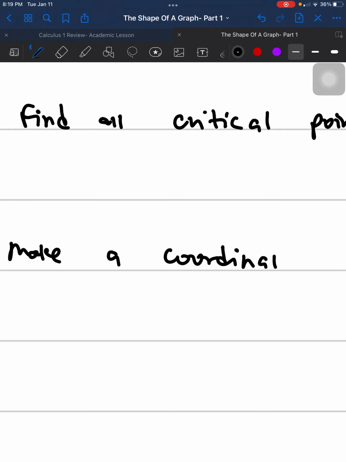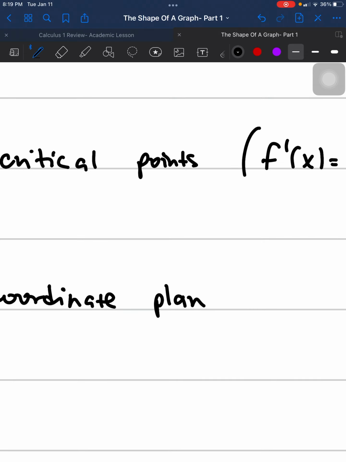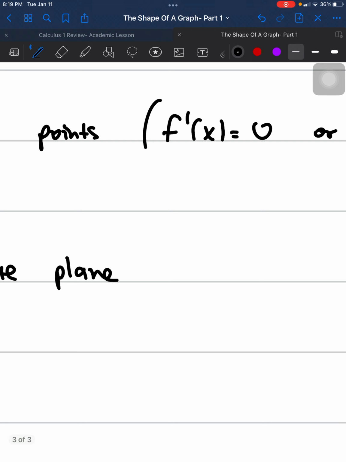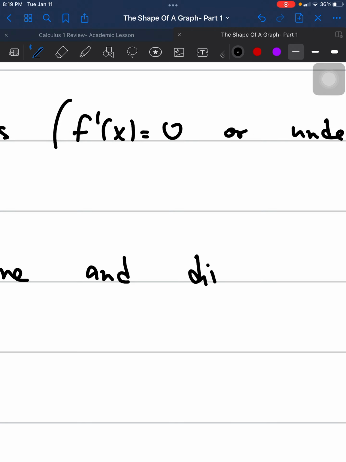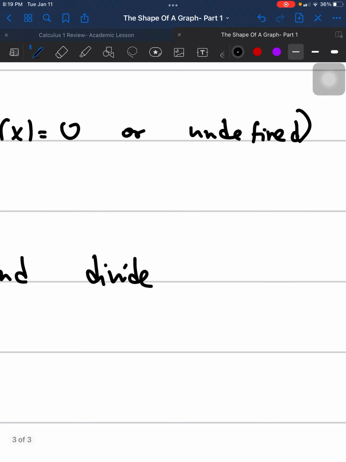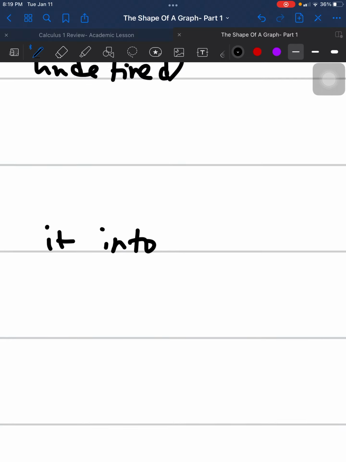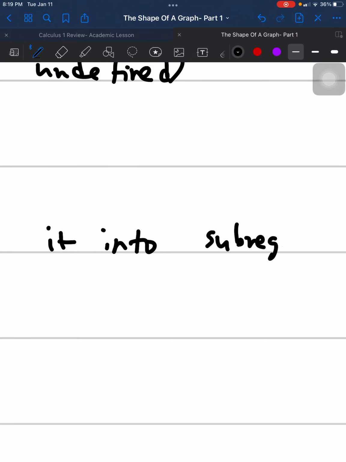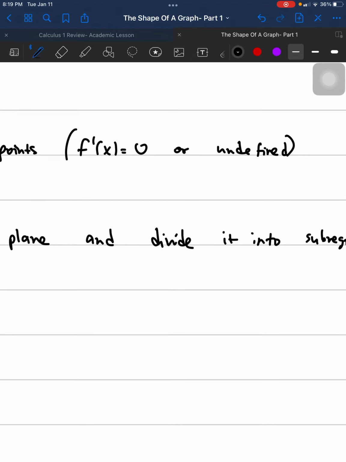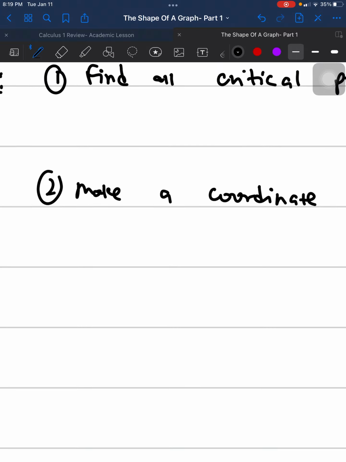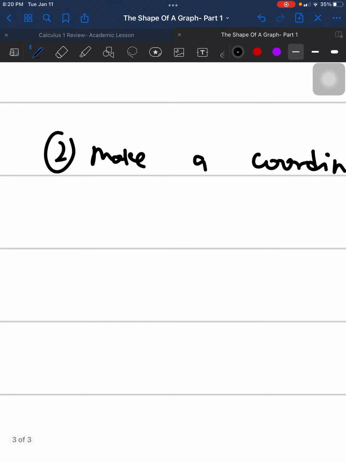Then you make a little coordinate plane and divide that plane into subregions of f prime of x.